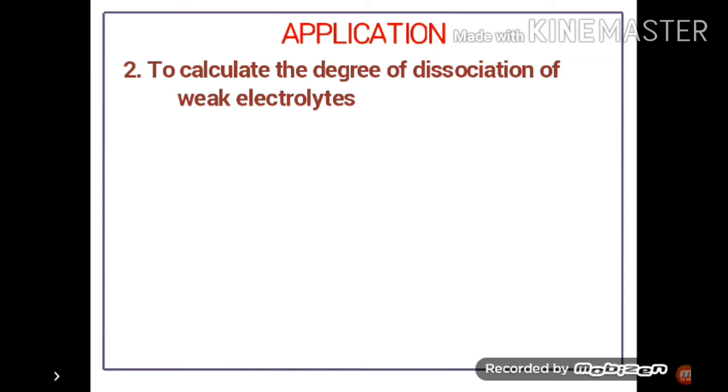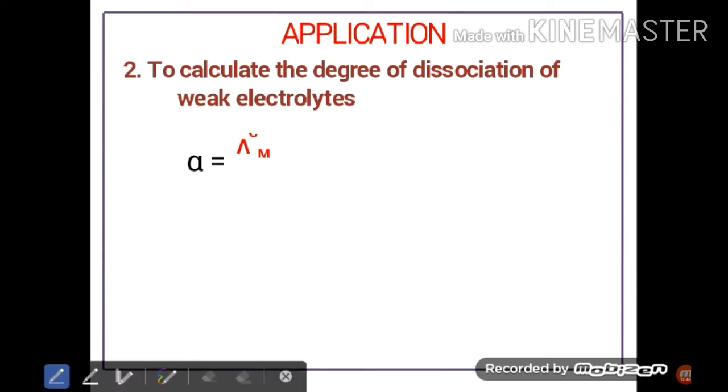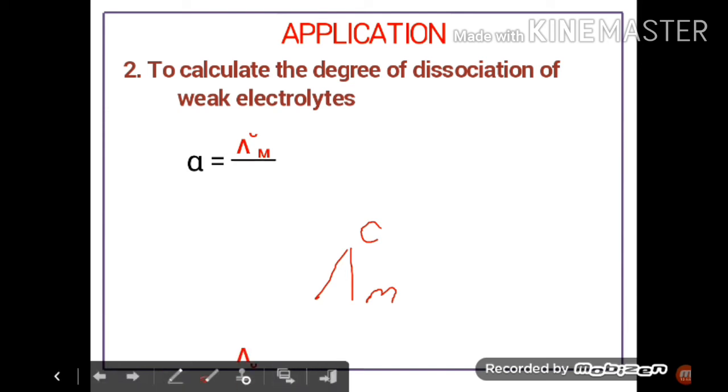So see, how can we calculate? To calculate the degree of dissociation, the formula is alpha, the degree of dissociation, equal to lambda Cm divided by lambda naught m.